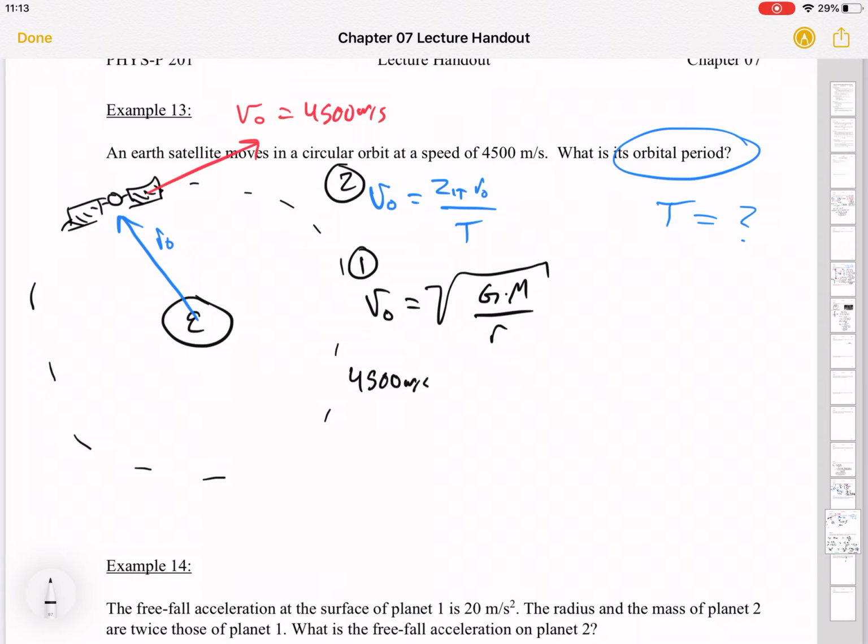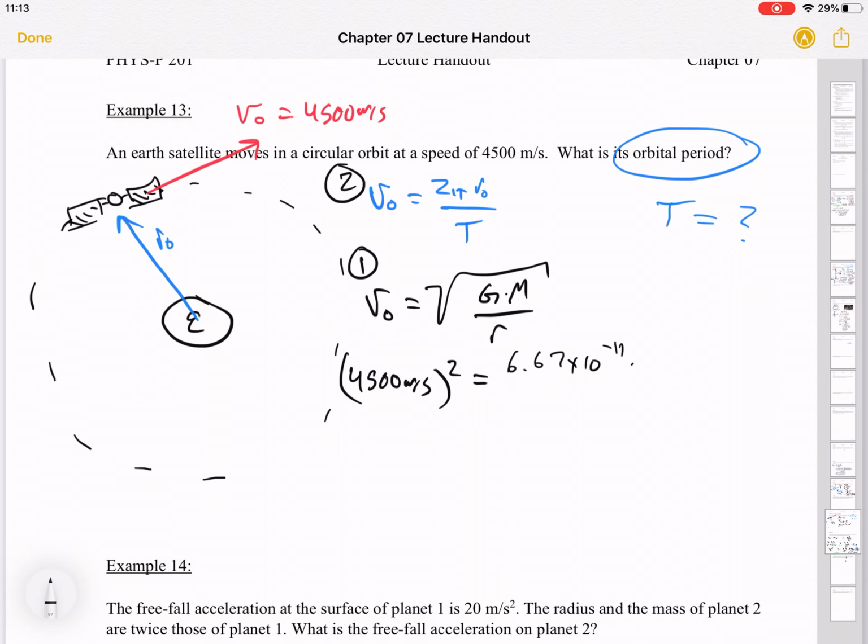4,500 meters per second. Let's square both sides so I don't have to draw a radical sign again. 6.67 times 10 to the minus 11 times the mass. Okay, again, what is that the mass of? Is it the mass of the satellite? No, because A, we don't have that, but B, the derivation of this equation, V orbit equals the square root of GM over R. M is the mass of the thing being orbited, and R is the orbital radius.